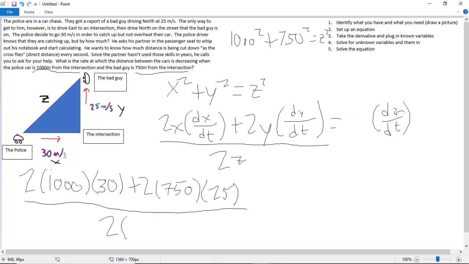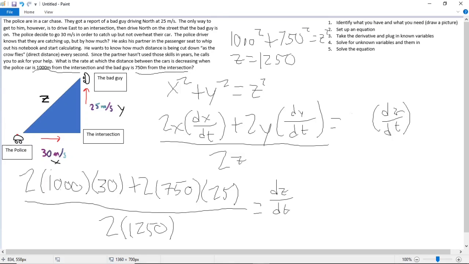Then just find the square root of that, and we're left with 1,250. So z equals 1,250. We just plug that in, 1,250, and that equals dz over dt.